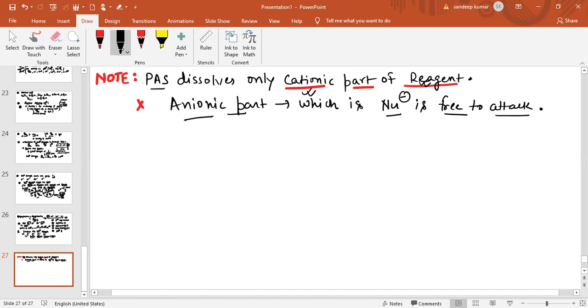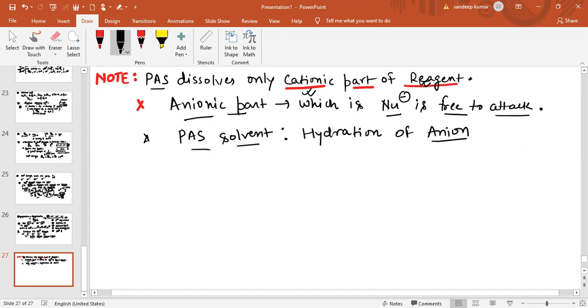Now, in polar aprotic solvent, hydration of anion does not take place.